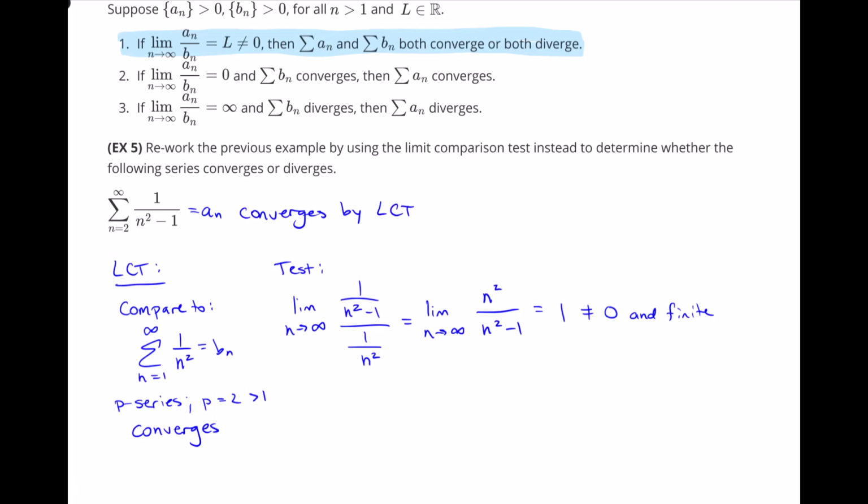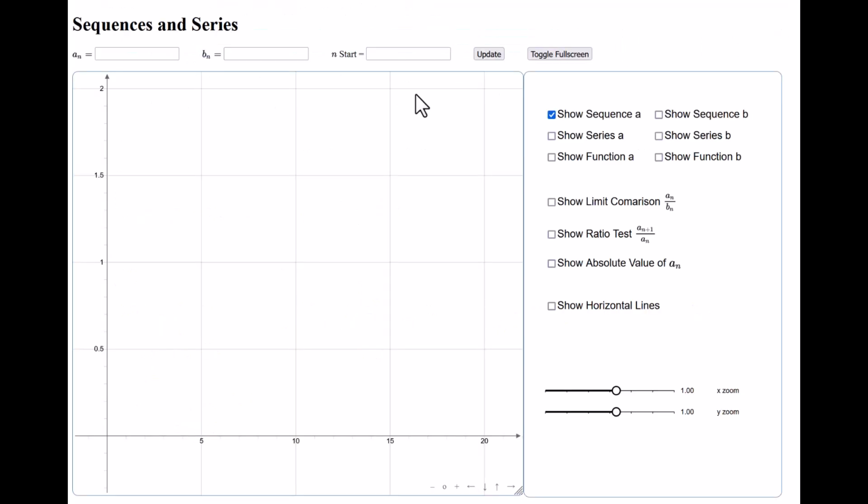So let's take a look at an idea as to why this test might work. Okay, so the series that we're trying to learn about is 1 over n squared minus 1. And the series that we know is 1 over n squared.